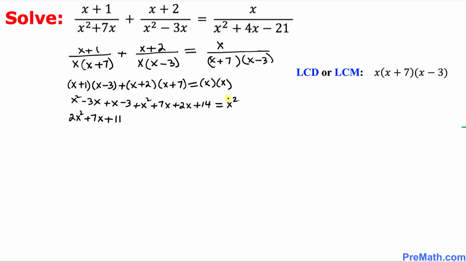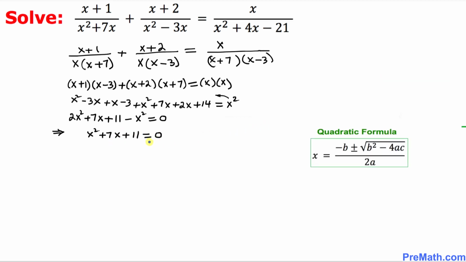If I move this x squared to the left hand side as well, it becomes negative x squared, equal to 0. Simply, 2x squared minus x squared gives us x squared plus 7x plus 11 equal to 0, and this is our quadratic equation.